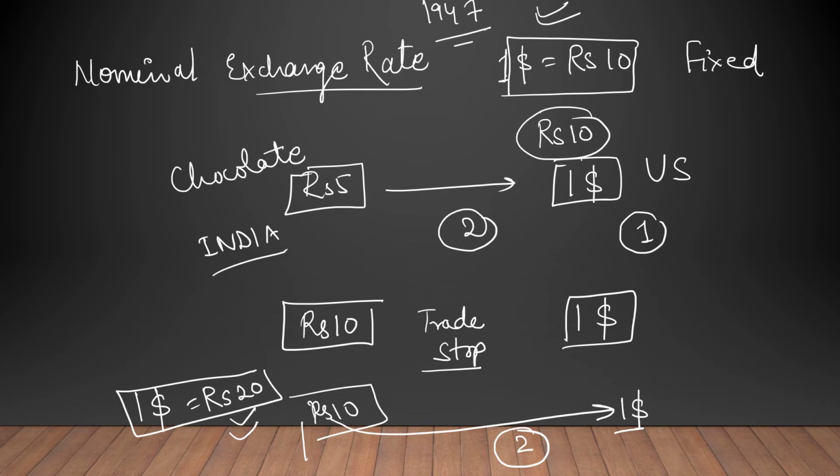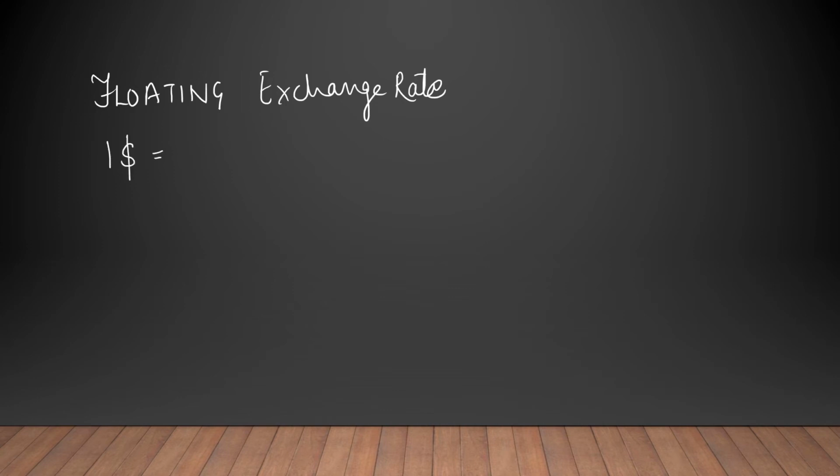Now we are going to see the next example. In this example, we have the floating exchange rate, which is set by the market. In the case of the floating exchange rate, the example is the same. Let's say that $1 is equal to rupees 10, which is fixed by the market.